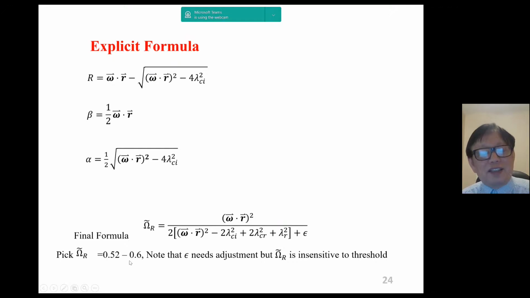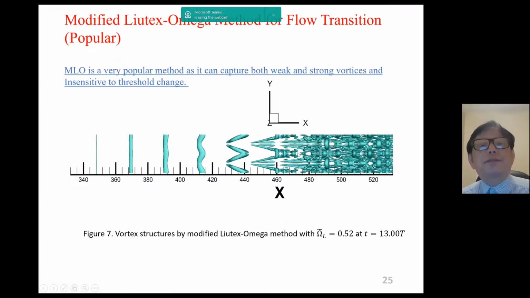If you adjust the threshold a little bit, it changes very minor. So we say it's insensitive to threshold change. And that's the graphics where we use the modified Nutex-Omega method for vortex structure in the boundary layer transition.